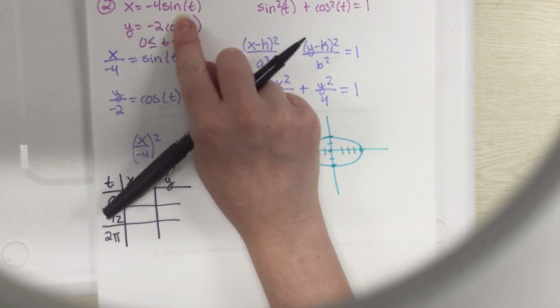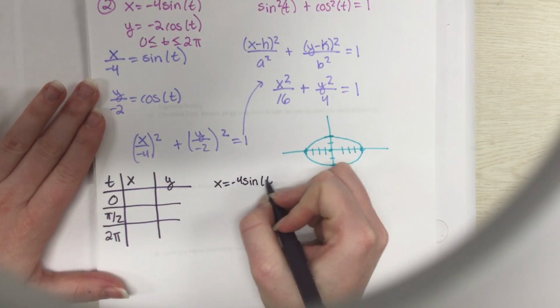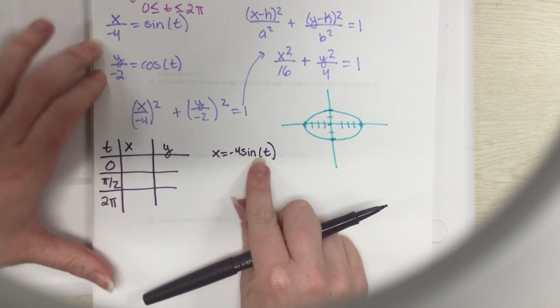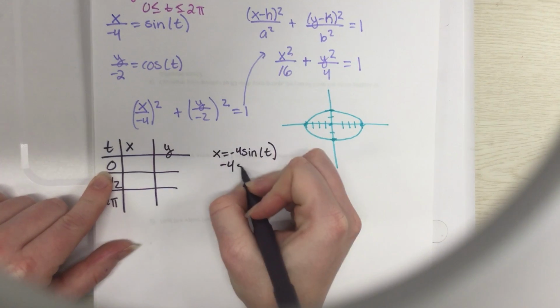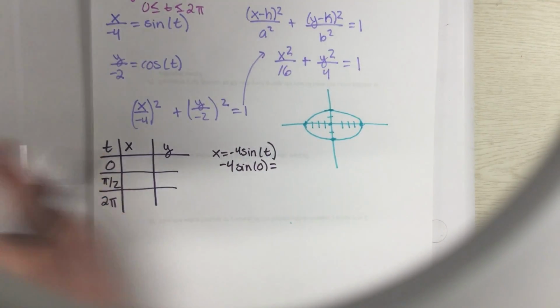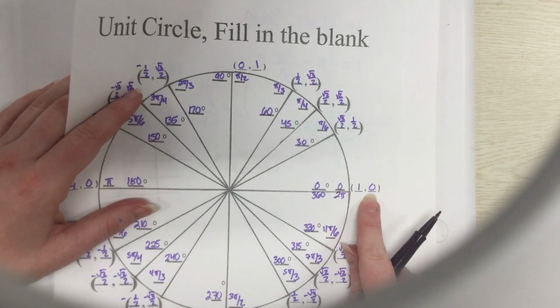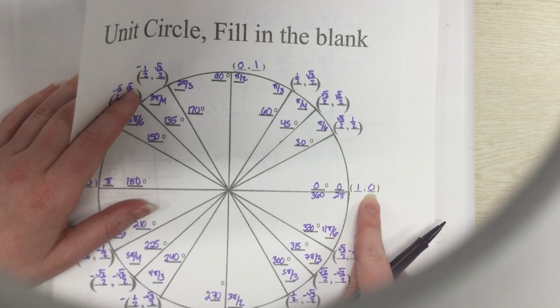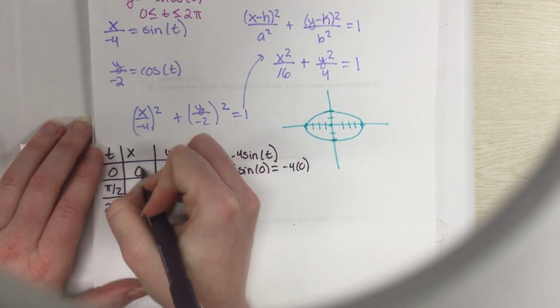Right here we have -4 sine of t, and I'm just going to write this down here. What we're doing is plugging each t value into this. The first one I have is -4 sine of 0. Using your unit circle, sine, remember, is y. Sorry, I forgot to clarify that, cosine's x. So sine is 0 at 0, so this has just become -4 times 0, which we know is 0.